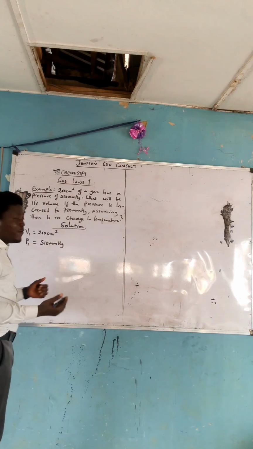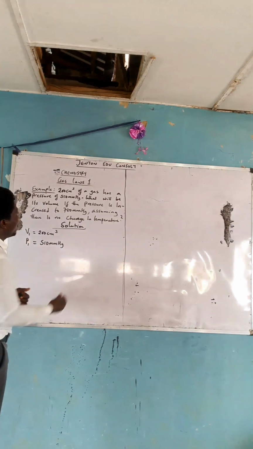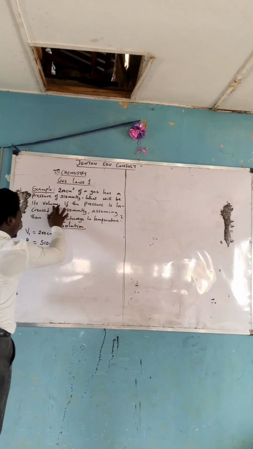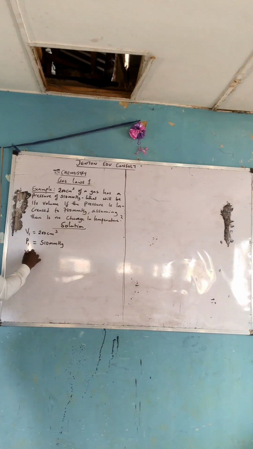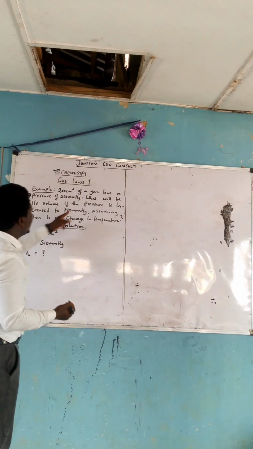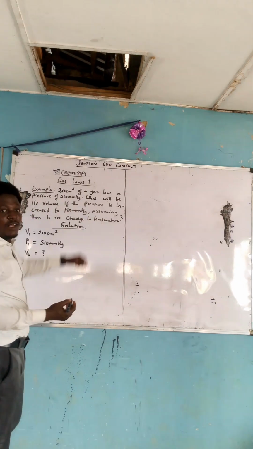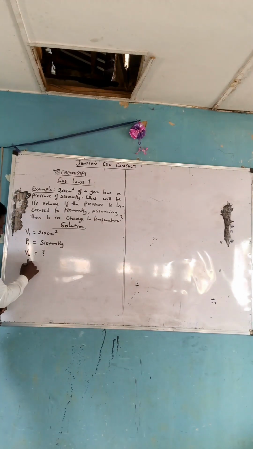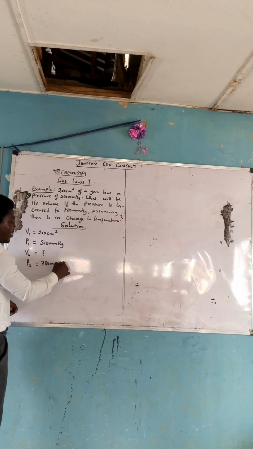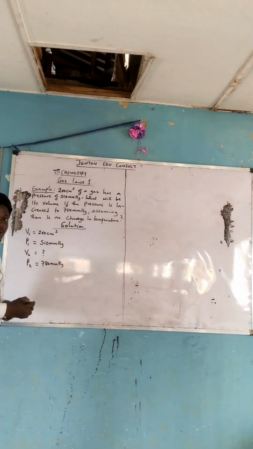We also say, what will be its volume? That means we are looking for a new volume. We call it V2. We don't know that yet. Then, if the pressure is increased to 780 millimeter mercury, a new pressure is given, which is P2, 780 millimeter mercury. Are we together?